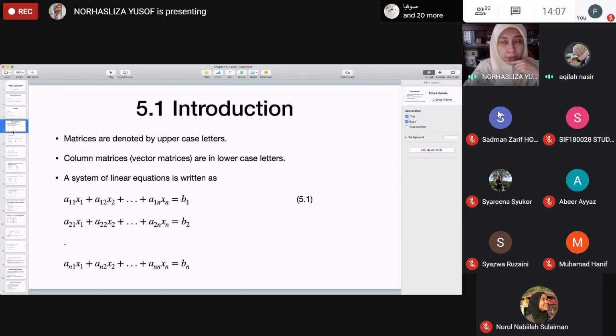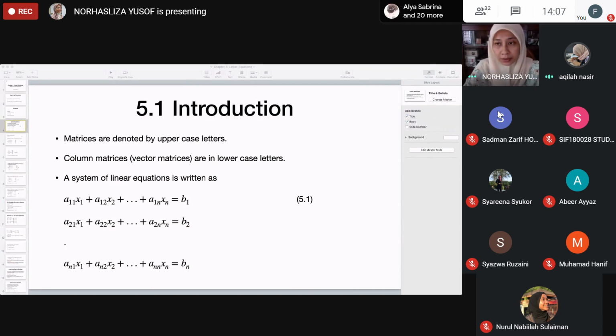So when we speak about linear equations, automatically it is actually in the form of a matrix or matrices, okay? So in this topic for this numerical method, we only consider linear equations or matrices in square matrix form, okay?